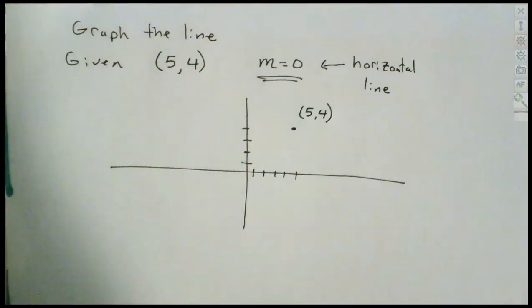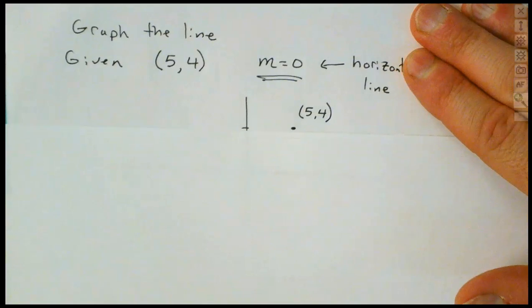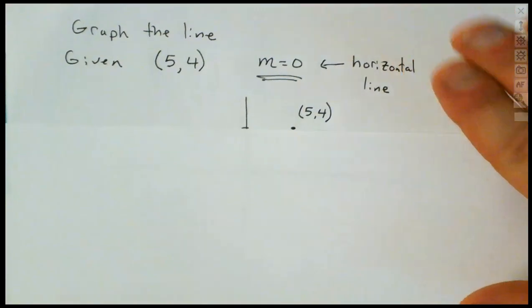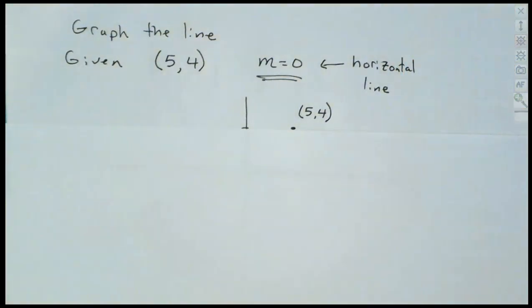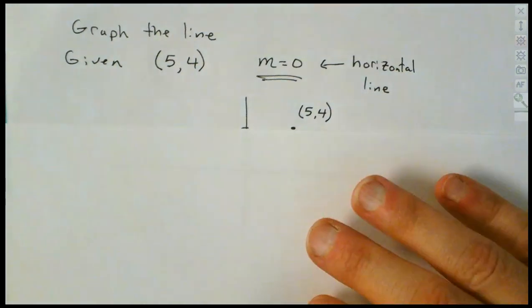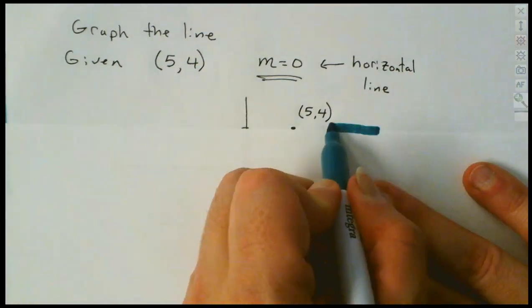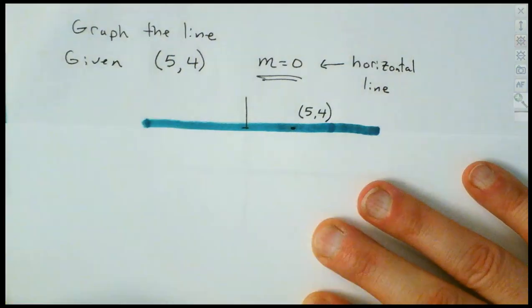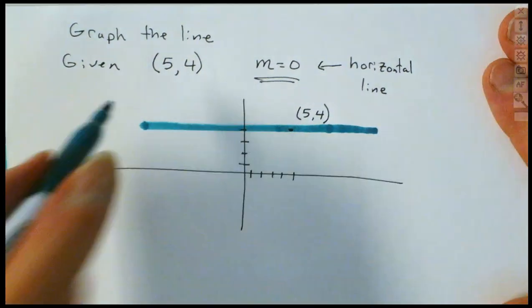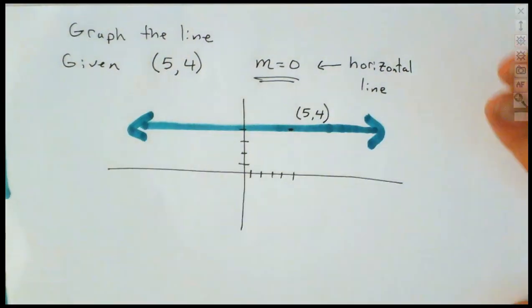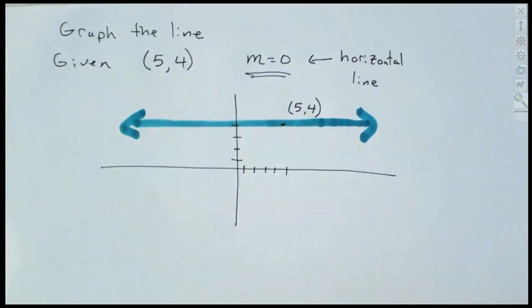So since it's 0, we know it's a horizontal line. So we don't need another point or anything else. We know it's a horizontal line. So I just draw a horizontal line that goes through that 5, 4. So horizontal lines have a slope of 0.